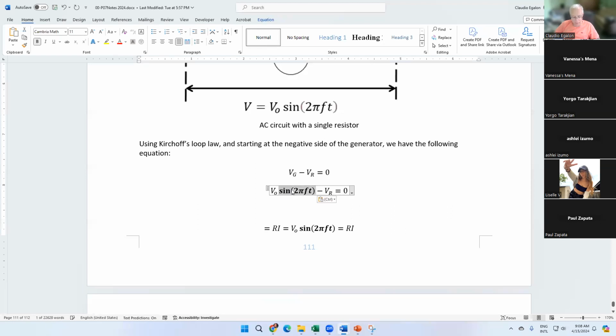And we continue this equation by substituting the value here for the generator. The generator changes in a sinusoidal fashion. And we substitute the V sub R for Ohm's law, okay?